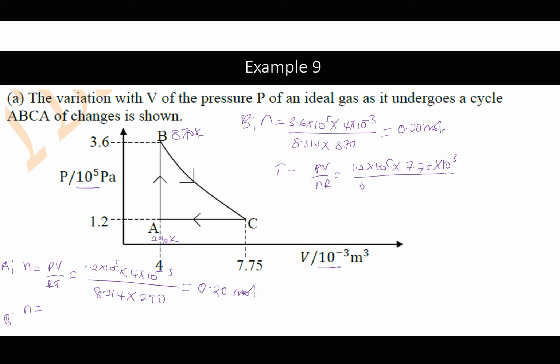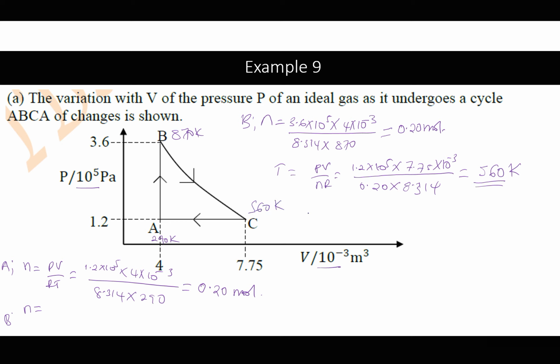Number of moles is 0.20 times the molar gas constant, 8.314. So we press our calculator to find the temperature at C. The temperature is 560 Kelvin.